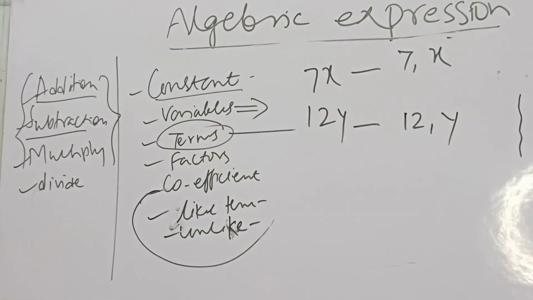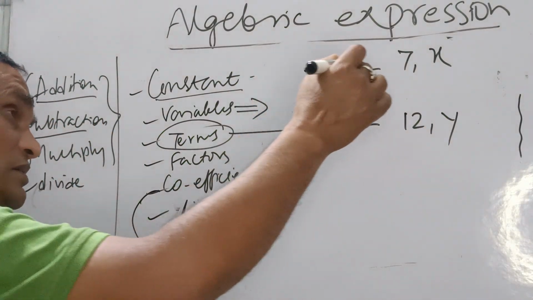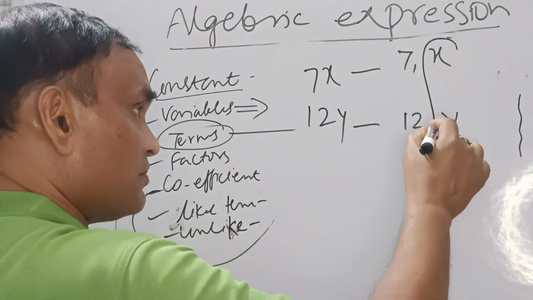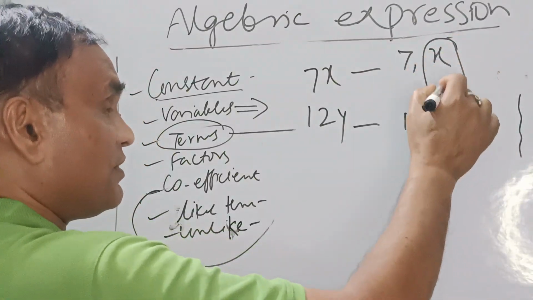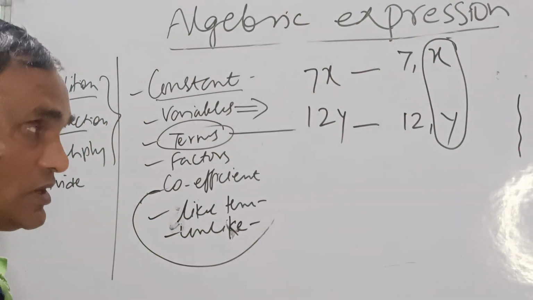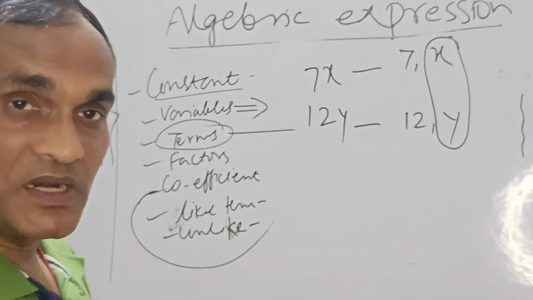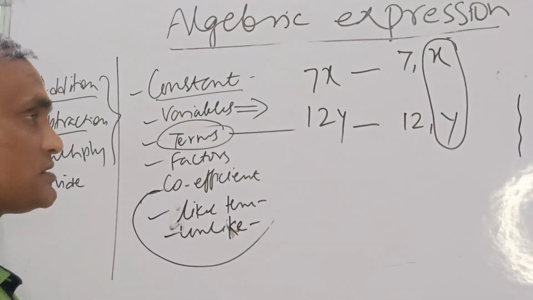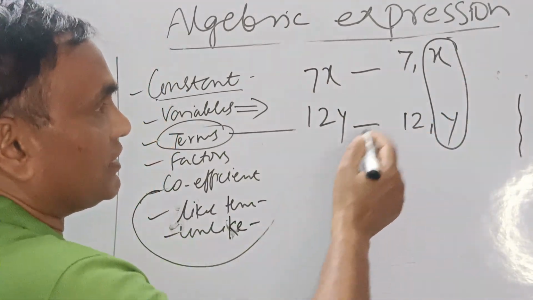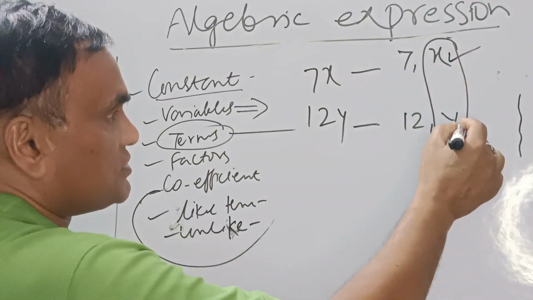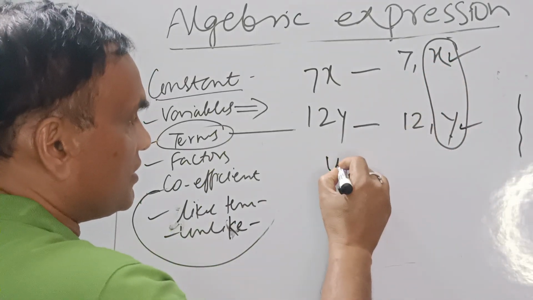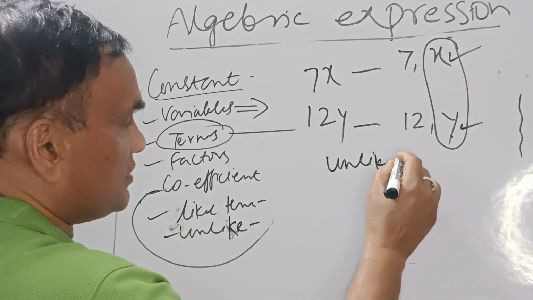These are the factors. The variable must be the same. If the variable is the same, then that is a like term. If the variable is not the same, that is an unlike term. Is it clear? So the variable is different. This is x, this is y. So this is called an unlike term.